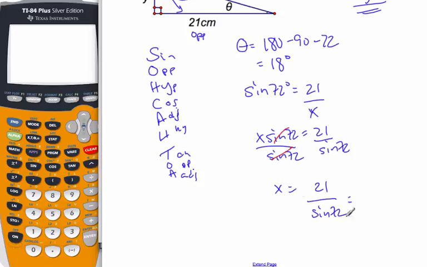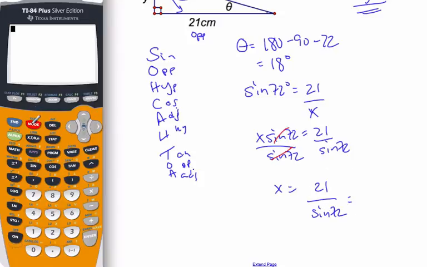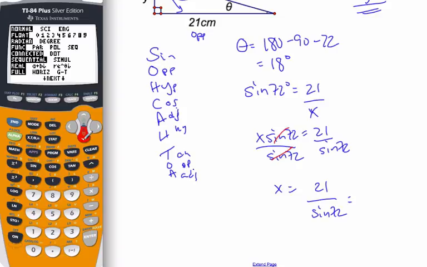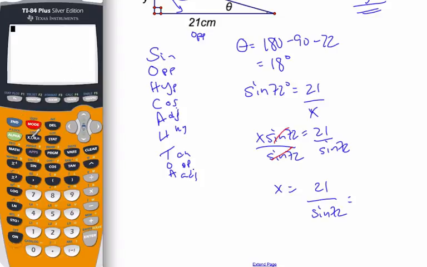We can use our calculator to calculate this. So I'm going to go to my calculator and go to mode first, and I have to make sure that my mode is in degrees. Okay, change it to degrees. And then I can just type in exactly as it's written. I'm going to put it into a fraction. Here's a quick little fraction tip. Fraction, I want 21 over sine of 72.